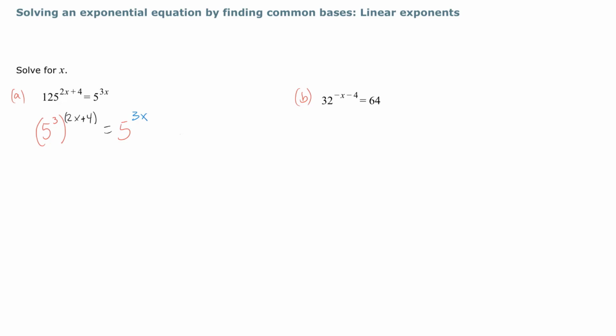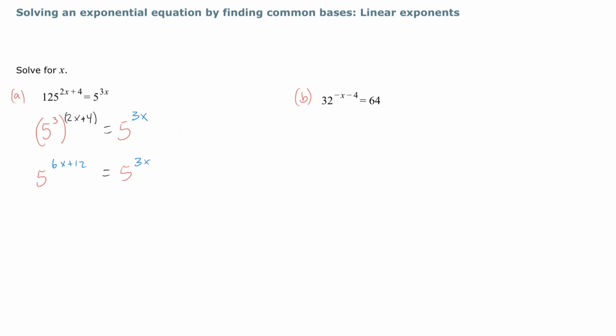We continue to simplify. This is a base 5. Now power to the power means multiply the powers. So we get 6x plus 12. 6x plus 12 is now the new exponent on the left side of the equation. On the right side of the equation, it simply says base 5 raised to the 3x.